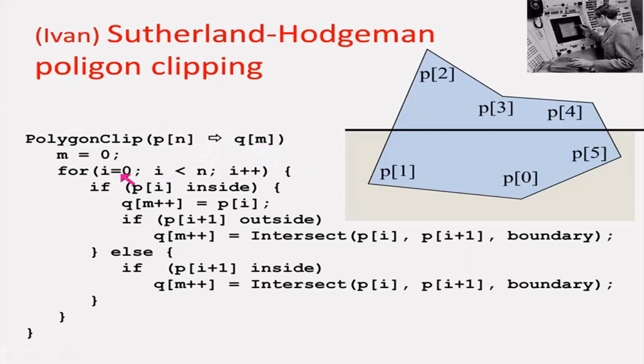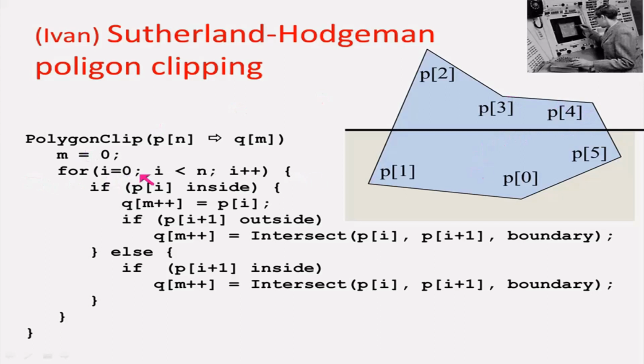However, the last edge is an exception, since its endpoints are p_n-1 and p_0. So either the last point should be handled in a special way, or we can store the first element once again at the end just to avoid over-indexing the array. The algorithm goes as follows.